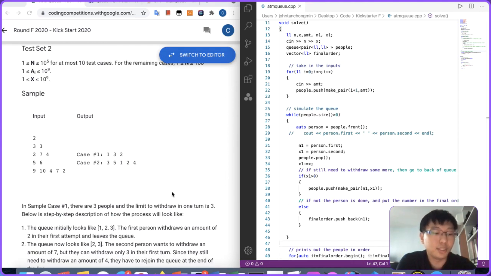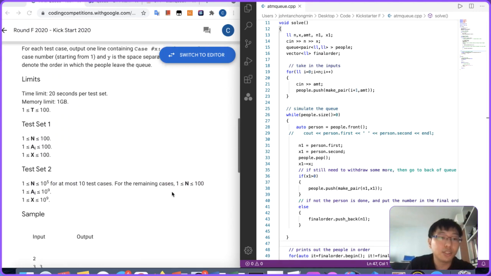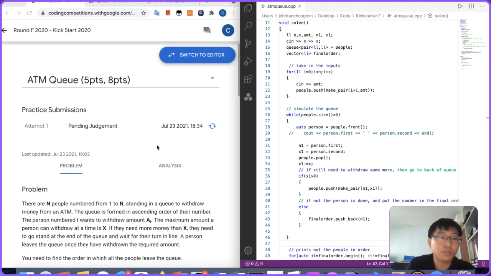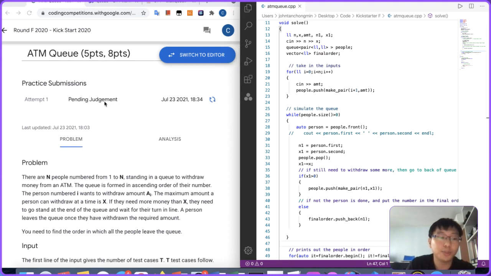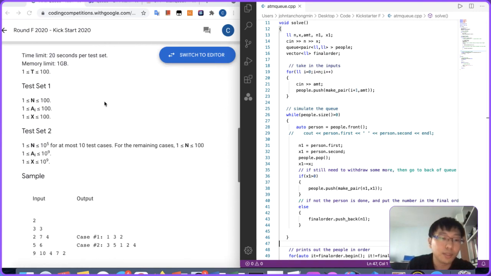Pending judgment means it's still waiting for the judge to decide whether the code is efficient or not. I don't think it's efficient for test set 2. Maybe test set 1 is okay because the numbers are very small, but in test set 2 the numbers are very big.